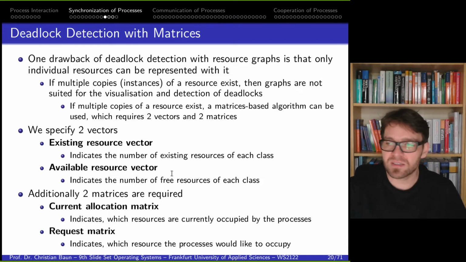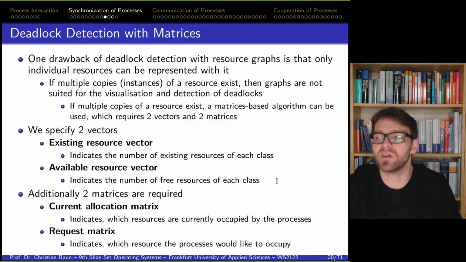The second vector will tell us about the number of free resources of every class. So in the first vector we get to know how many resources exist, and in the second one we understand how many resources are available now at this moment in time.